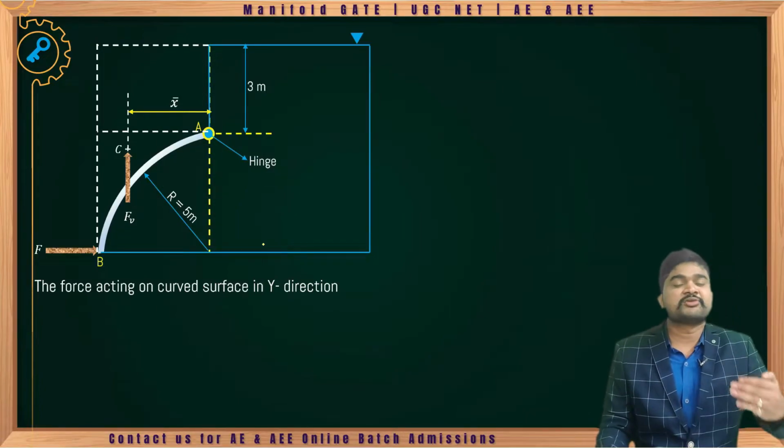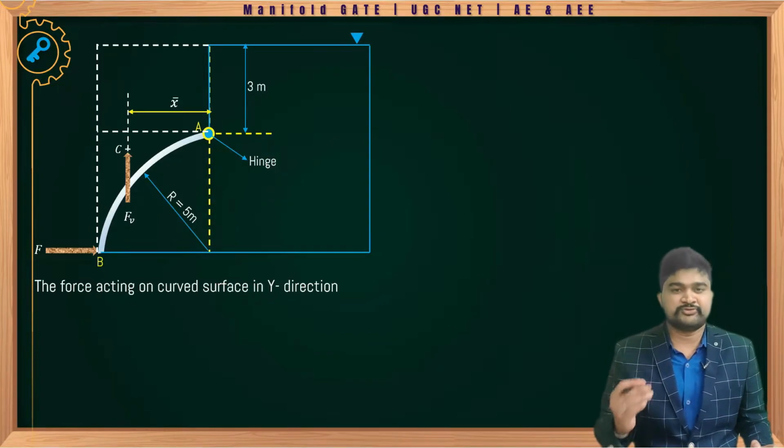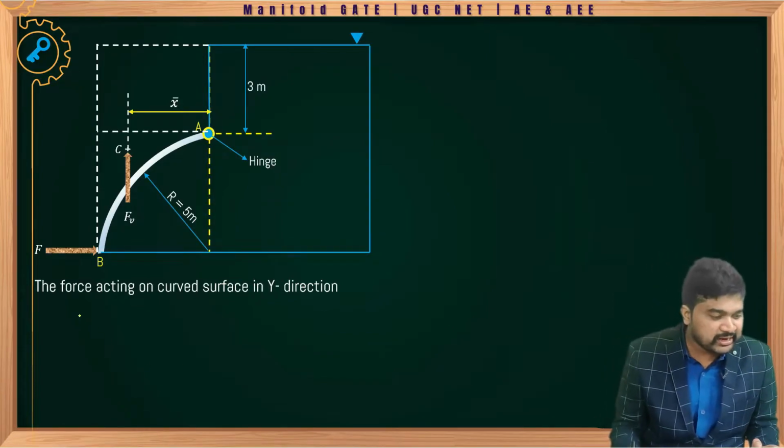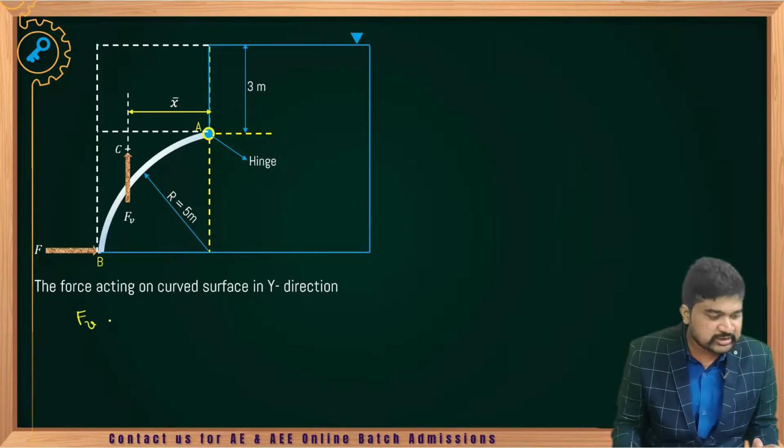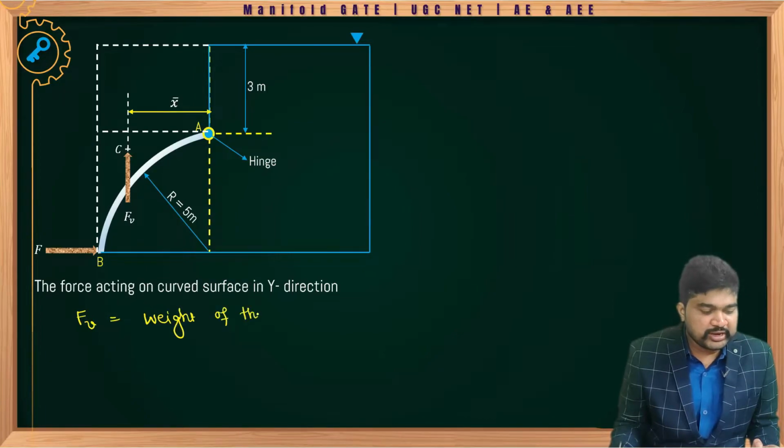That means the curved surface experiences the buoyancy force. How to determine Fv in this case? Weight of the fluid displaced.